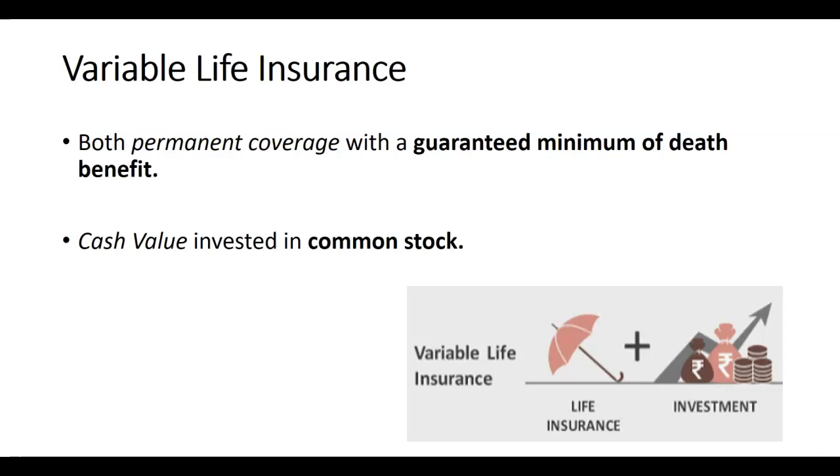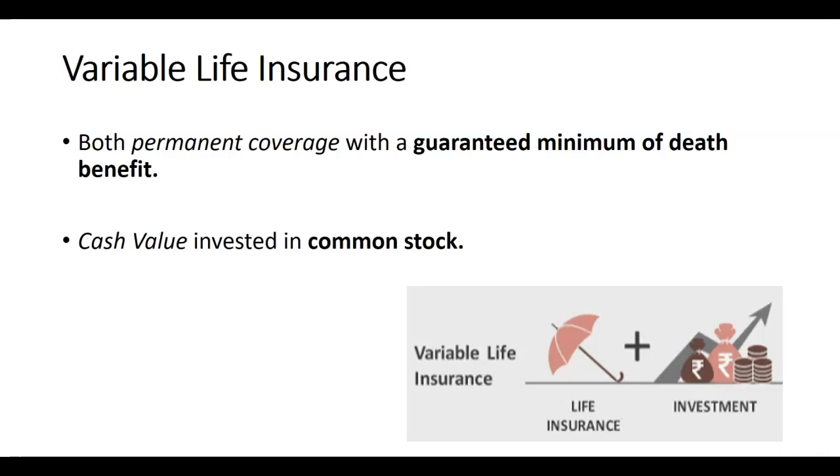So what happens to the cash value? The cash value is invested into common stocks, which means that with variable life or variable whole life insurance, there's going to be a separate account. You have to have a separate account.